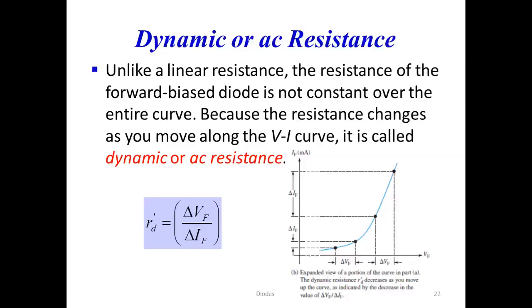For a small change in voltage, you are getting a larger change in current. Larger change in current means your denominator is more than the numerator, so your resistance will obviously reduce. It is not constant throughout. It is changing throughout, and that is why it is known as dynamic or AC resistance.